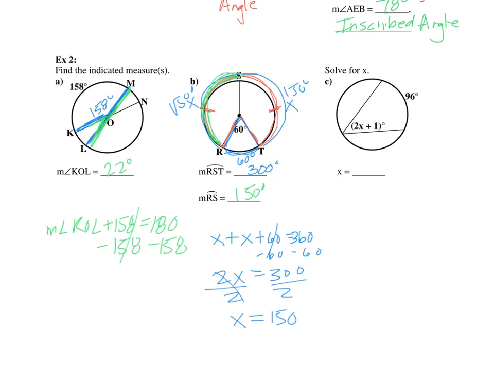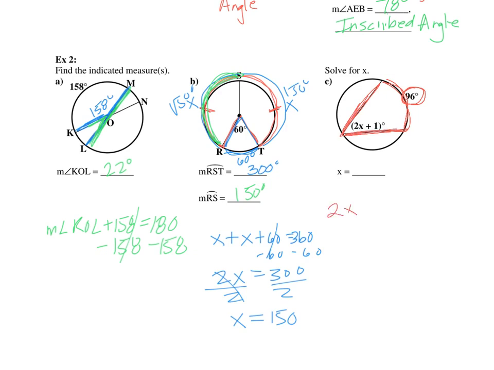All right, on to part C. Here I have what type of angle? This is an inscribed angle. This is the intercepted arc. So what's the relationship between the inscribed angle and intercepted arc? I take half of the intercepted arc, and that's what the inscribed angle is equal to.